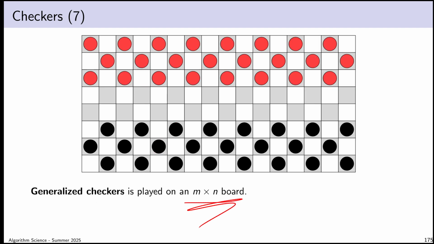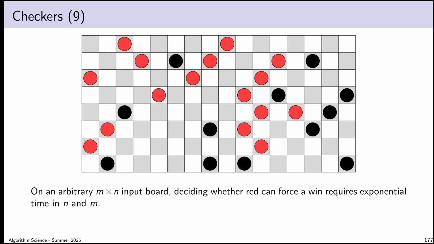Now, I haven't talked about what the rules of generalized checkers are, but for the purposes of this discussion, that's not very important. It's pretty easy to generalize the basic checkers game to an arbitrary size of board. It turns out that on an arbitrary n by n input board, deciding whether red can force a win, answering that yes or no question, requires exponential time.